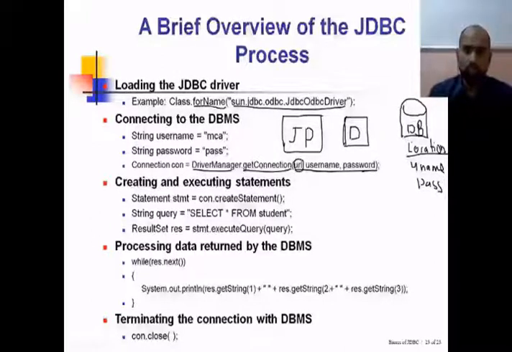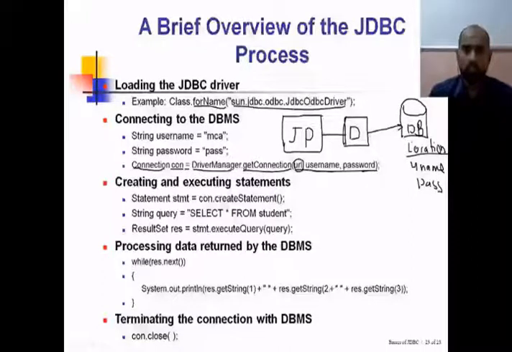Once you execute this method, a connection is established between your application and the backend database. If you look at the return type of DriverManager.getConnection, it returns an object of the Connection class, and that is why on the left hand side of the equal sign we have Connection con.